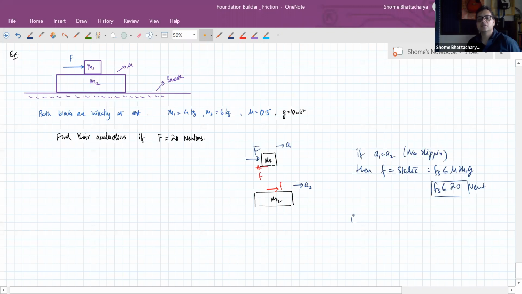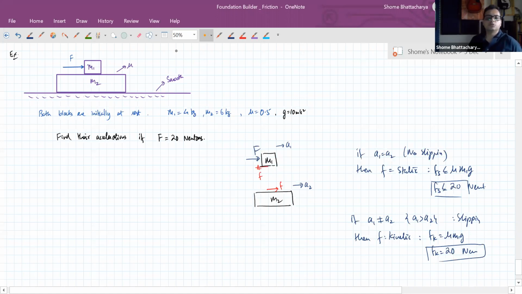Whereas if A1 is not equal to A2, so basically A1 will become greater than A2, slipping is occurring, then the friction is kinetic in nature, and kinetic friction equal to mu m1g, or kinetic friction of 20 newtons will act.